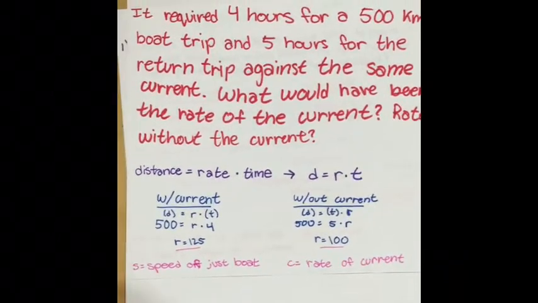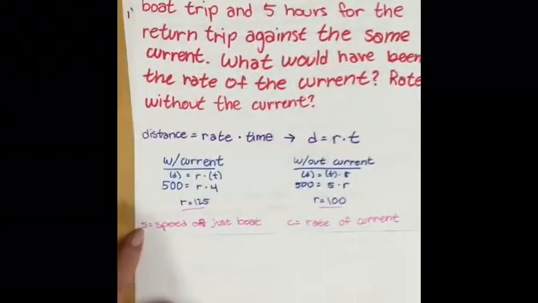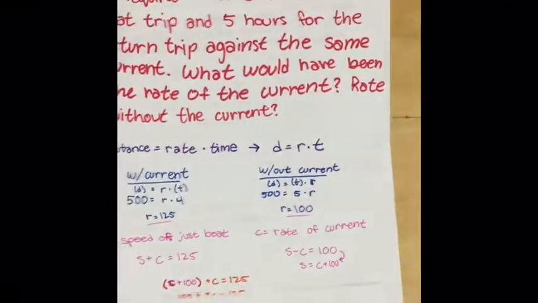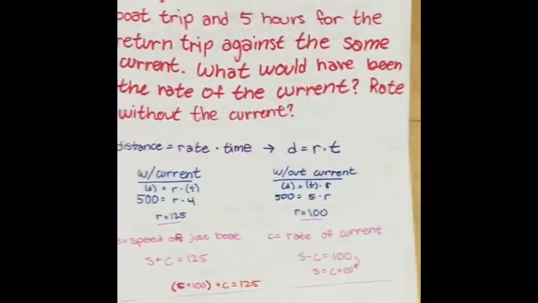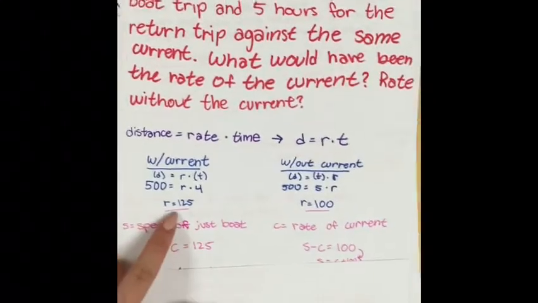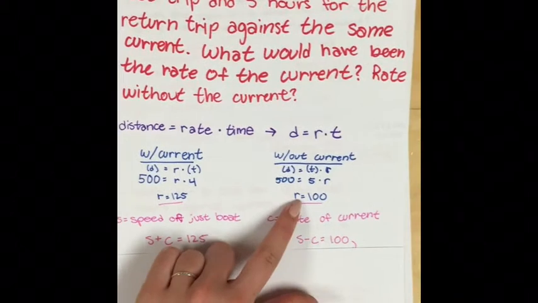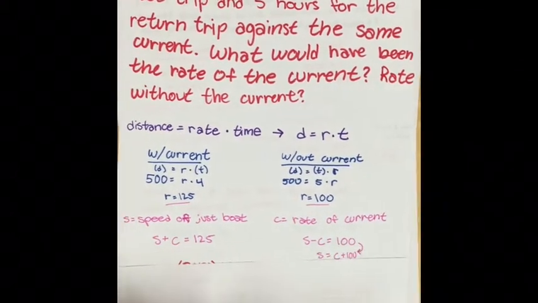After that, you would use s as the speed of just the boat without the current, and then c as the rate of the current. So s plus c would equal 125, which was your rate with the current, and then s minus c would equal 100, which was your rate against the current.